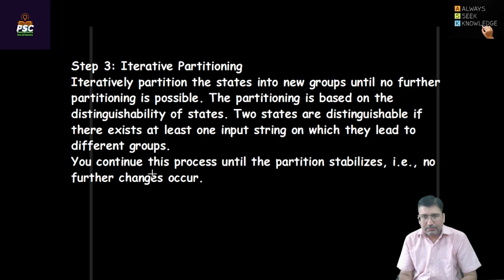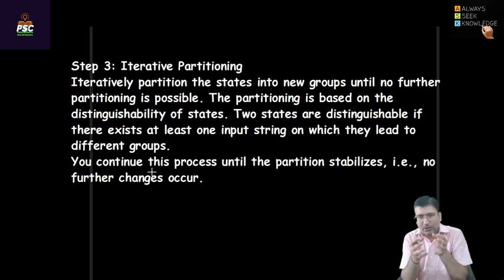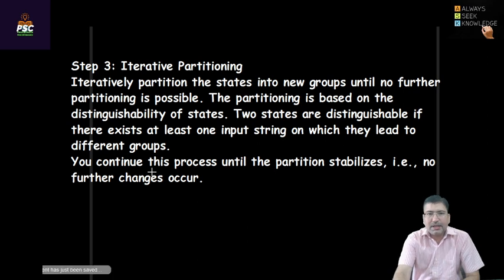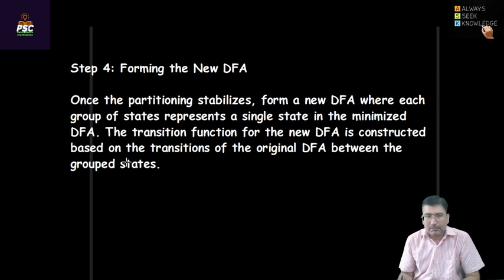We see, based on the equivalence, 0 equivalence, 2 equivalence, and so on, there are classes, and if the states belong to the same sets, then these states will stay together, otherwise they will be partitioned. So we will see later on. The third step is the iterative partitioning, which we are going to see in the next example.